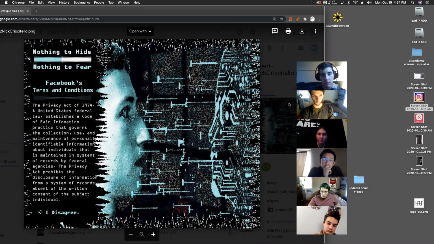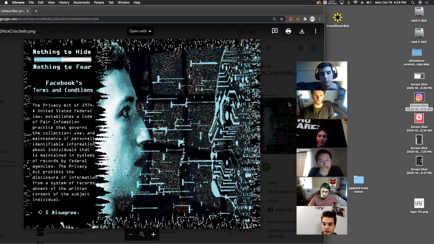Then on the left, I put at the top, nothing to hide, nothing to fear. So it's basically like, if you have nothing to hide, we can do whatever we can with your information and data. Then I played with the idea that you suggested of terms and conditions and how we always agree no matter what, and right now it's kind of a placeholder.